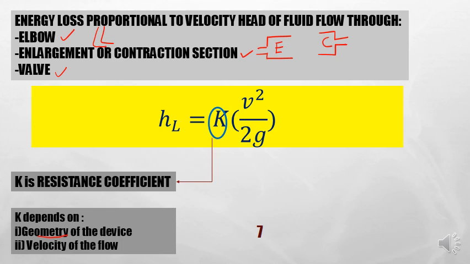Later on we will discuss how the different parts involved in the fluid flow system may be affected by the geometry and velocity of the system. In order to determine the value of K, and then we will be able to calculate the HL.